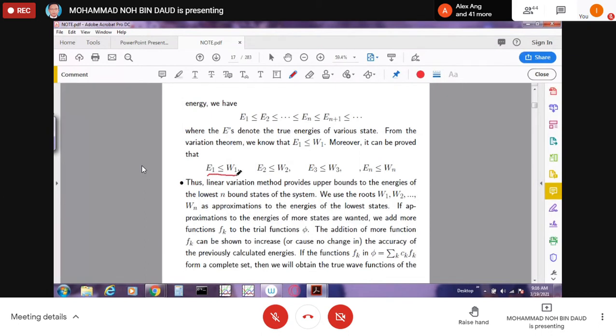So this is from the variational theorem, the relationship between this approximate energy and the true energy. So this is the true energy, and this is the approximate energy.